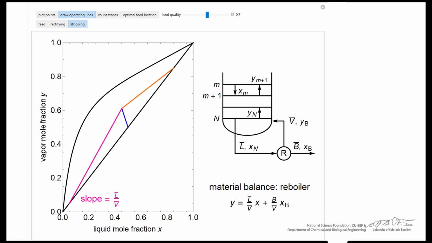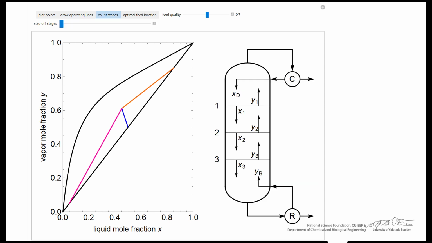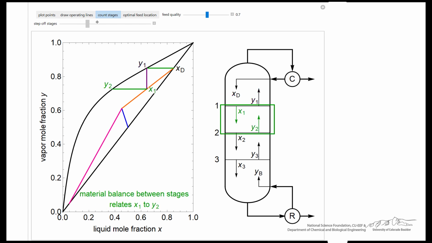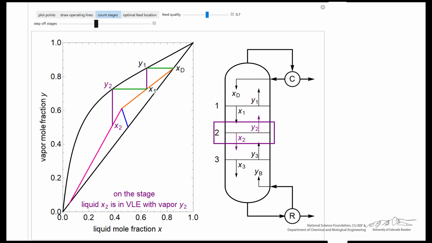If I select the bottoms, the stripper part, it again shows this mass balance that we derived, and the purple line indicating the slope. If I count stages, the slider, of course, only goes to integer values. The first stage, second stage, where remember we are using this point for X1 and Y1, in phase equilibrium. This point is the mass balance that we derived.